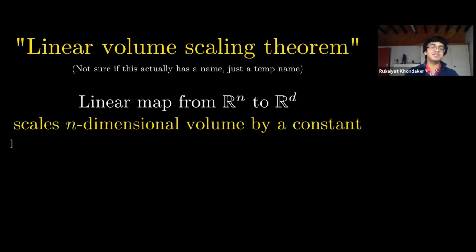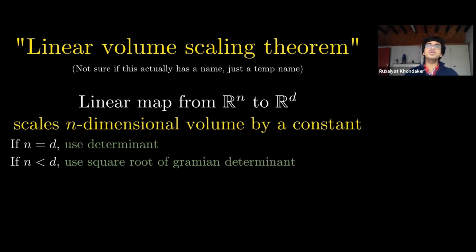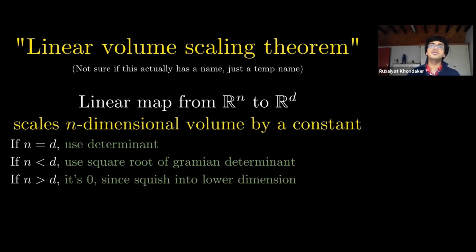If you want to actually compute that constant, well, if they're equal, we use a determinant. That's what we've done before. If n happens to be less than d, we can use this square root of the Gramian determinant. So it sort of works as a generalized determinant that also works for rectangular matrices. If n is bigger than d, it's 0, it's squishing to a lower dimension. Just like how, okay, if you've got a transformation from 3 dimensions to 2 dimensions, then all volumes go to 0, just squishing it down into the plane.